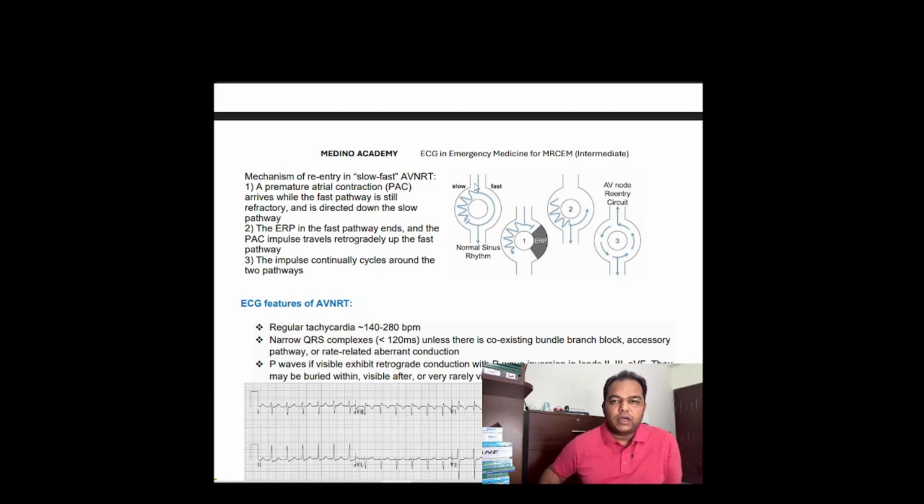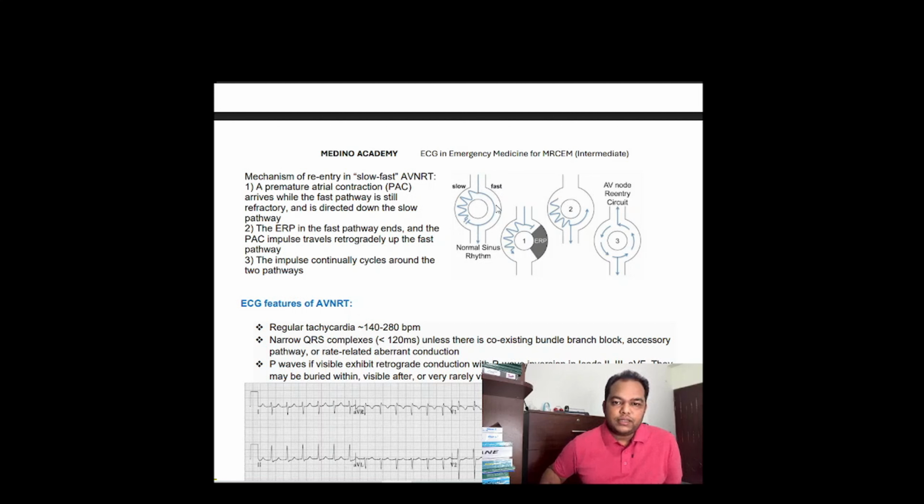When the myocardium is injured or when there is a lesion in the myocardium, the impulse passes slowly through the injured myocardium and it causes a slow pathway. And this is the fast pathway. When the impulse passes through this pathway and reaches here, it can travel through this fast pathway and reaches here and goes down.